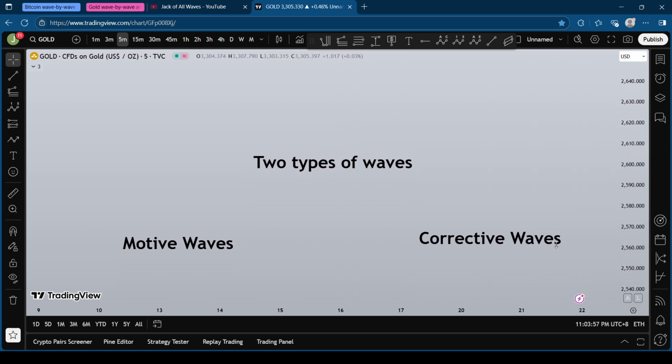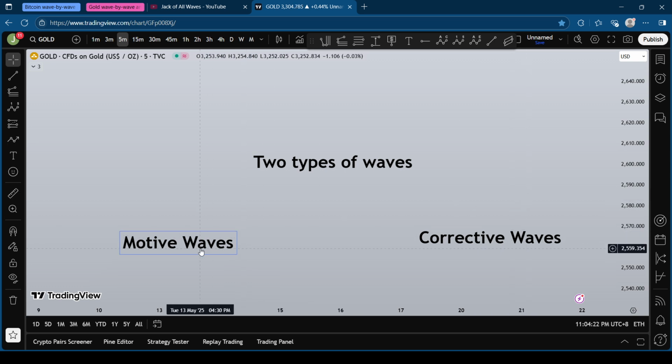There are two types of waves in Elliott wave theory. One is called motive waves. The other one is the corrective waves. Motive waves are the trend of the waves, while the corrective waves are the counter trend waves.